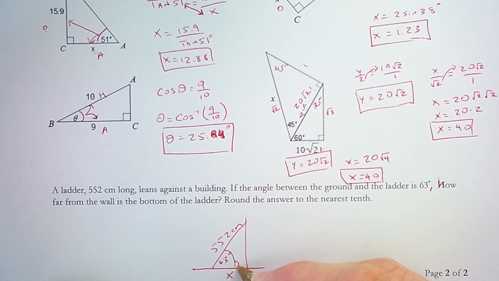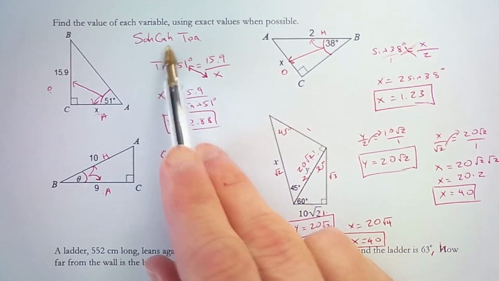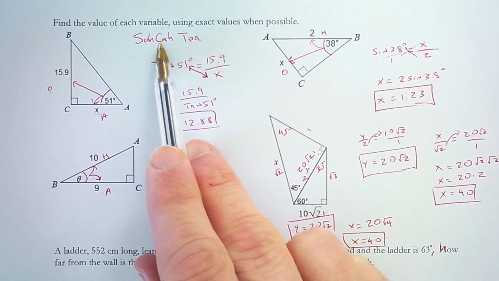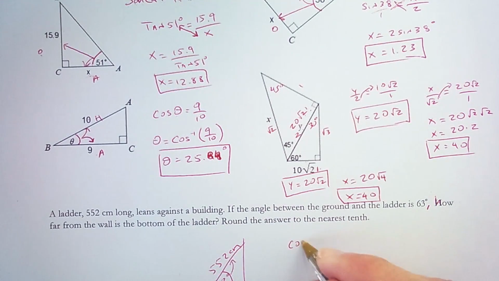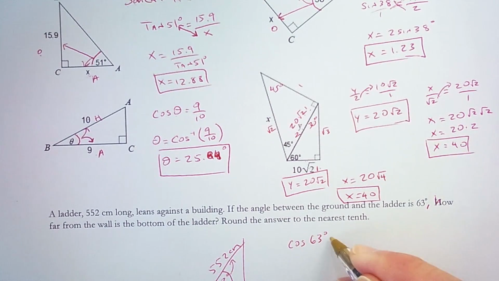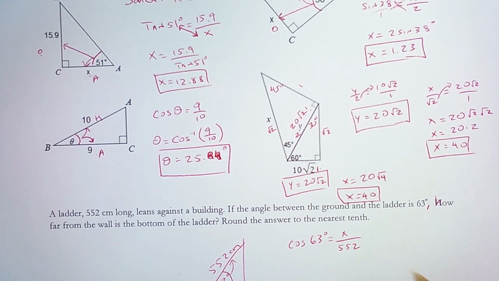So here's my angle. Here I have the adjacent leg, and here I have the hypotenuse. Adjacent leg and hypotenuse, A and H, are cosine. So we have cosine 63 degrees equals the adjacent x over the hypotenuse 552.